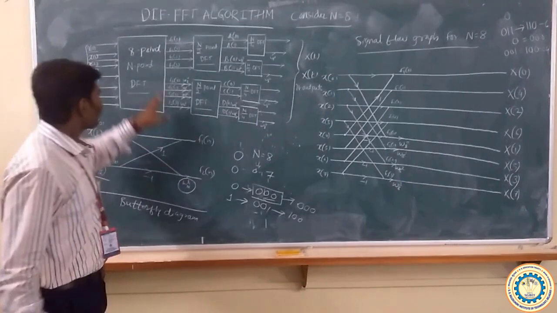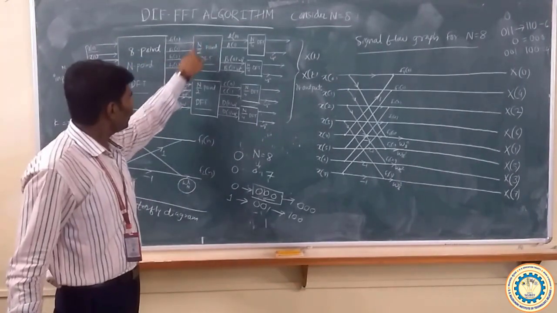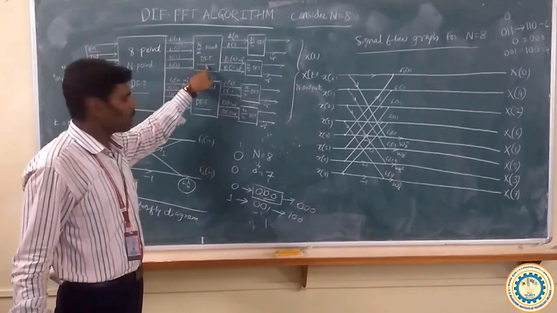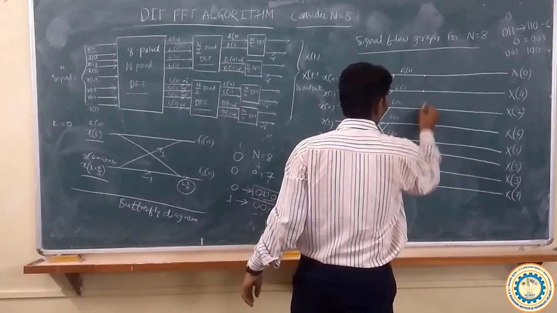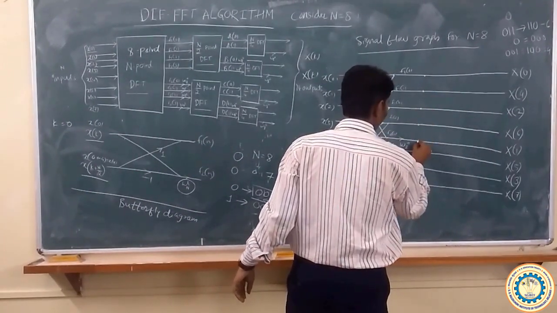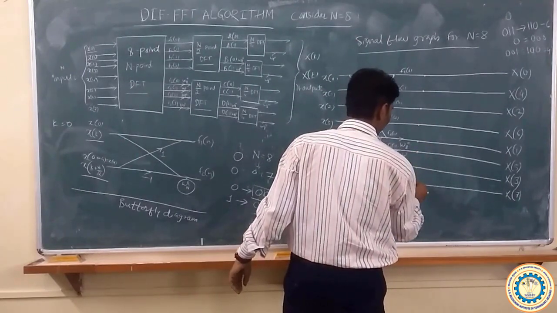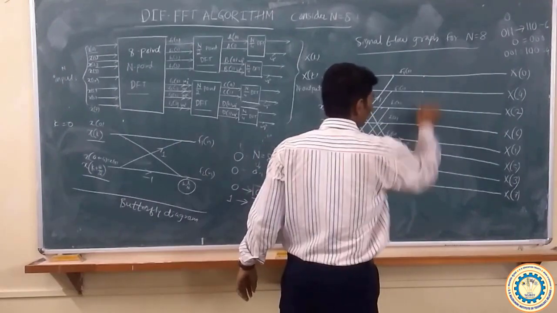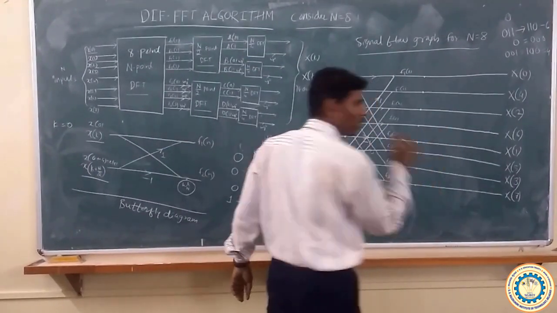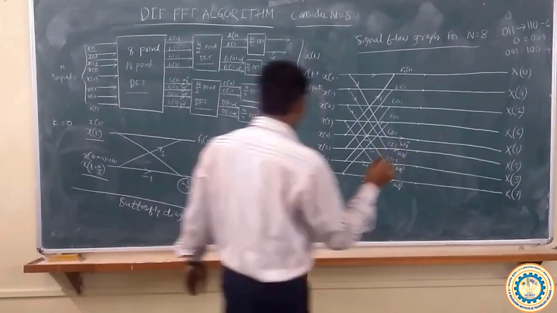Okay. Now we'll try to represent the N by 2 point DFT using butterfly diagrams. So now we have to consider the 4-point DFT. This is my first 4-point DFT, this is another 4-point DFT.